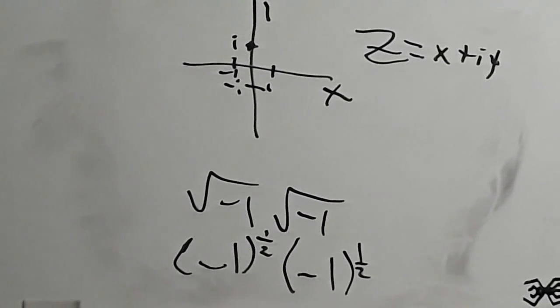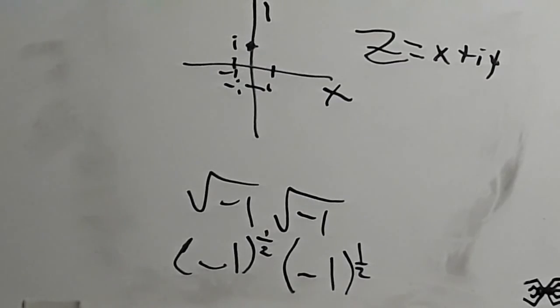You know that if you multiply square roots, you get the number inside. So that would equal negative 1. And you know that if you add the exponents, you're still going to get negative 1, because negative 1 to the 1 is still negative 1.